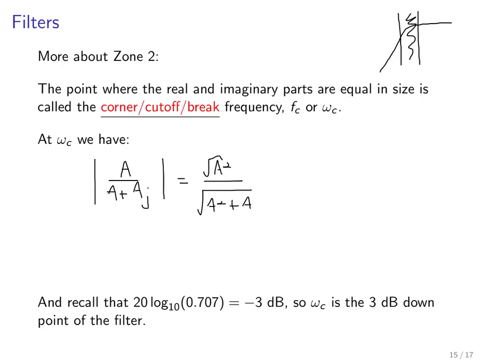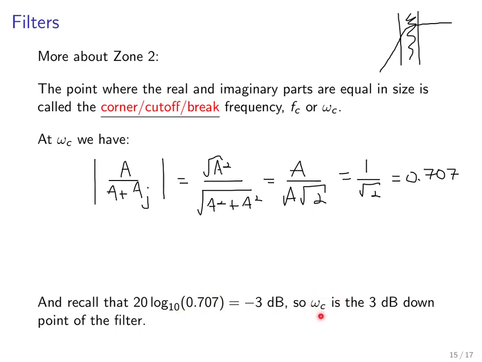So 2A squared, which is just equal to A over A times the square root of 2, which of course is just equal to 1 over root 2, or 0.707. Remember that familiar number. And you recall also that 20 log of 0.707, or 1 over root 2, is minus 3 dB.